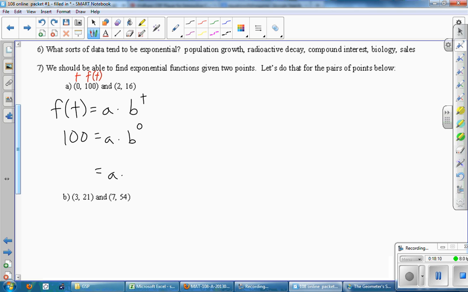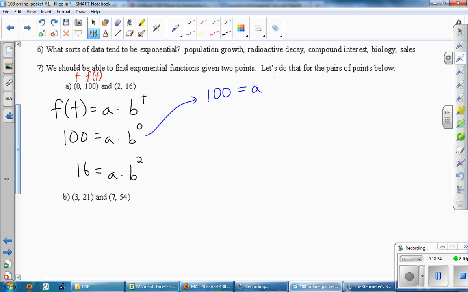So a times b to the 2 instead of t. And that's equal to 16. That's the output variable. So 2 equations, 2 unknowns. Hopefully we have enough tools to solve for a and b. Once we found a and b, we're done. We'll have our equation. Okay, this one is kind of nice because b to the 0, well, anything to the 0 is how much?